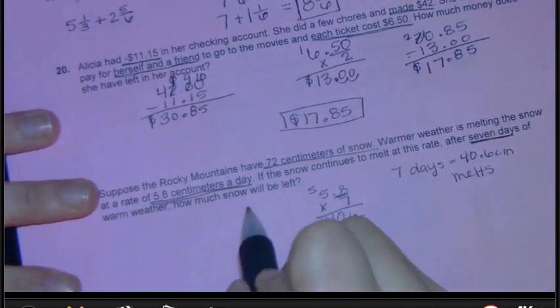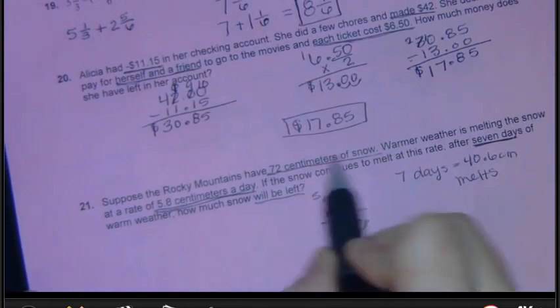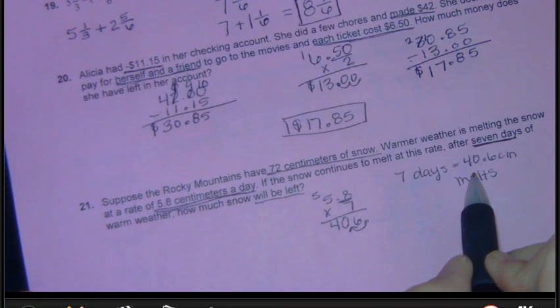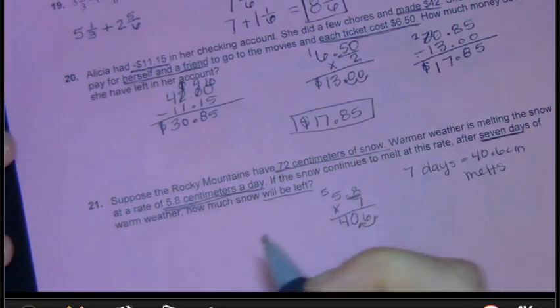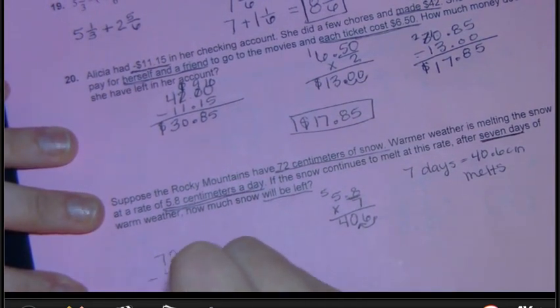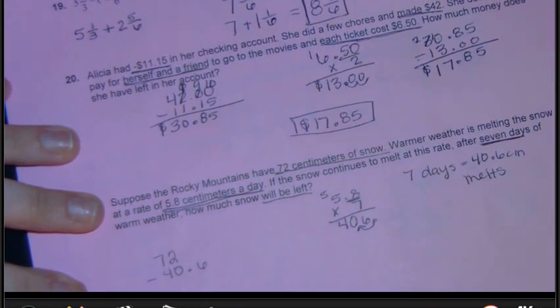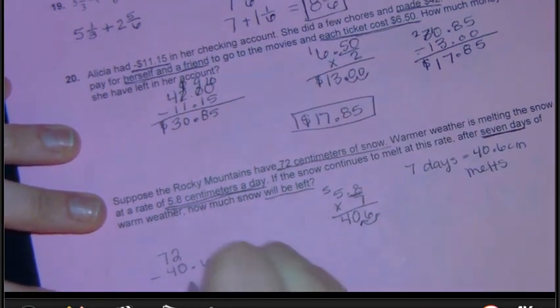It's saying how much snow will be left. So if I start with 72 and 40.6 centimeters has melted, what do I need to do with my two numbers? I need to subtract my two numbers. So I need to do 72 minus 40.6. Whoops, 8 times 7. Double check my math. Yep.